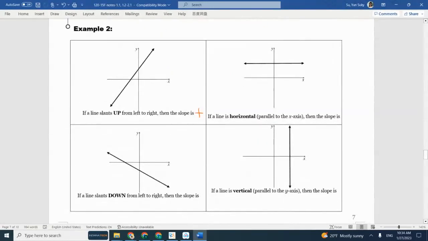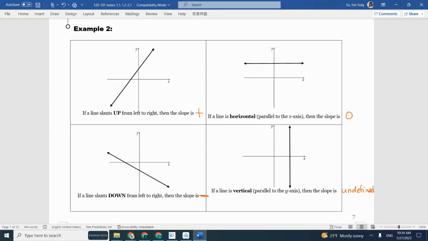If the line slants down from the left to the right, the slope is, what do you say? Negative. If the line is horizontal, parallel to the x-axis, then the slope is 0. And if the line is vertical, parallel to the y-axis, then the slope is undefined.